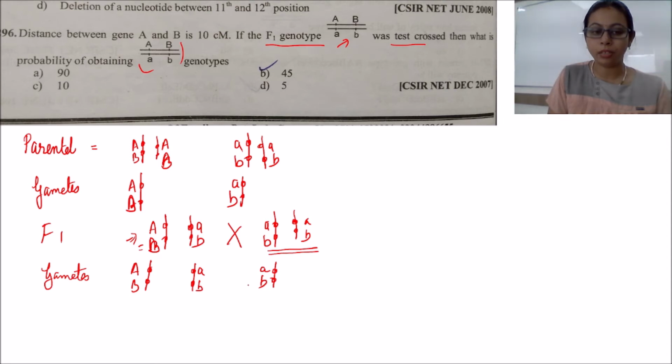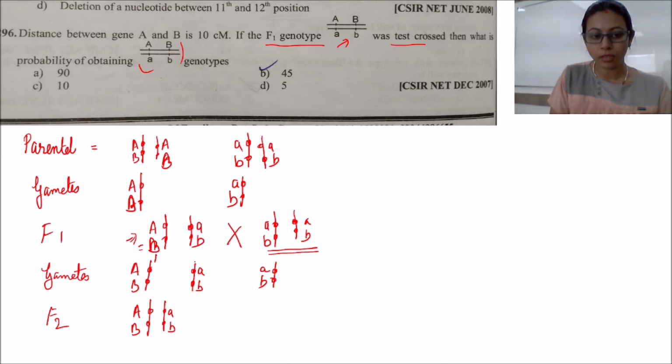Now, when they undergo the cross, what will we have? We will have the F2 progeny with capital A, capital B, and small a, small b.